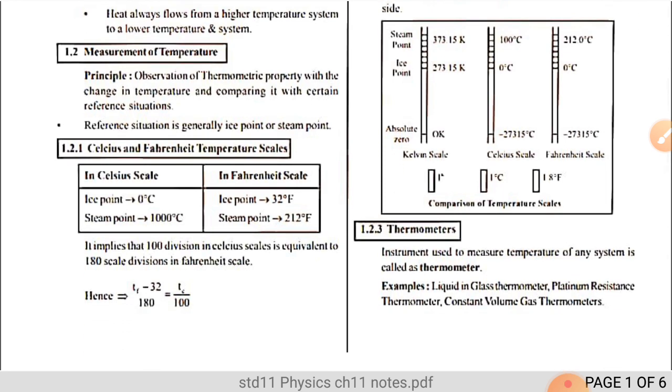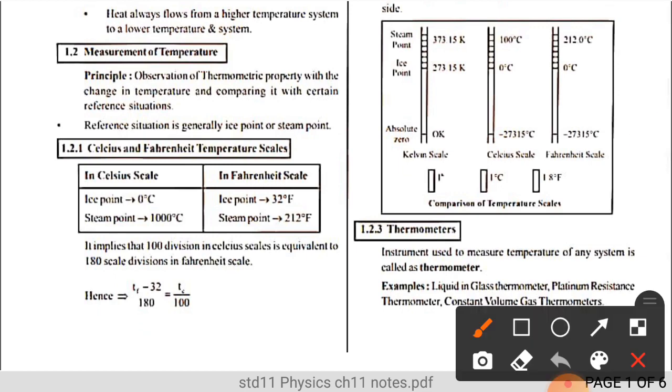Celsius and Fahrenheit temperature scales. The Celsius scale starts from the ice point, and that ice point temperature is 0 degree Celsius. Similarly, the steam point is always 100 degree Celsius, so water boils at 100 degree Celsius.